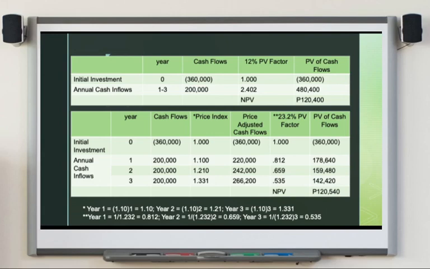The only difference actually comes from the rounding off of the present value factor and the price index.